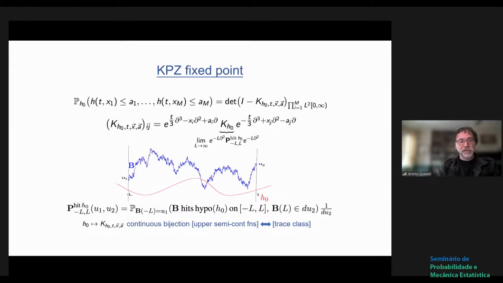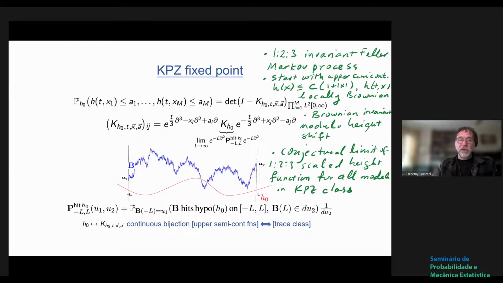And the map from H0 to KH0 is a beautiful continuous injection of upper semi-continuous functions into the trace class, and therefore you can take the Fredholm determinant and everything's fine. So this gives you a Markov process where you can check its Feller property because these Ks are continuous in the trace class in the initial data. And it's 1, 2, 3 invariant, as you can check just from the formulas.